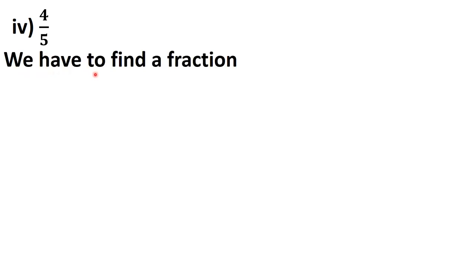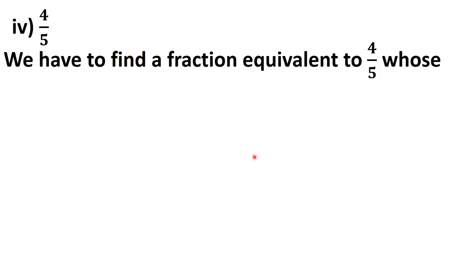See the fourth part. It is 4 upon 5. Now see, in the denominator there is 5. So we have to find a fraction equivalent to 4 upon 5 whose denominator is 10. Because for a decimal, we have to make the denominator either 10, 100, 1000, like this.